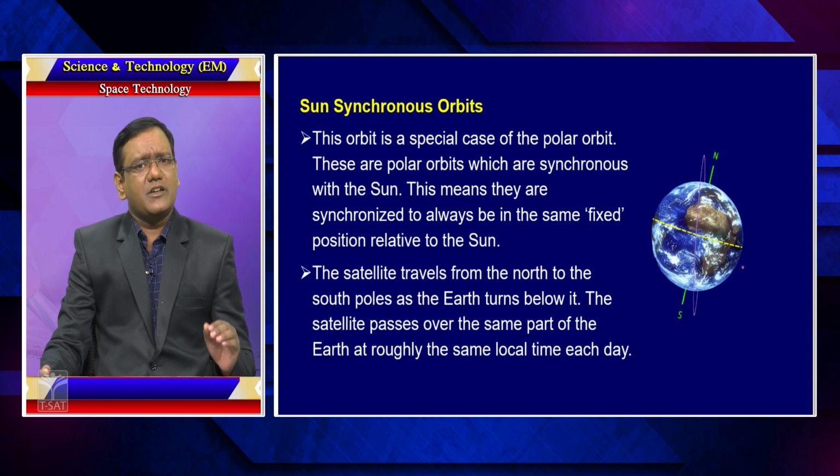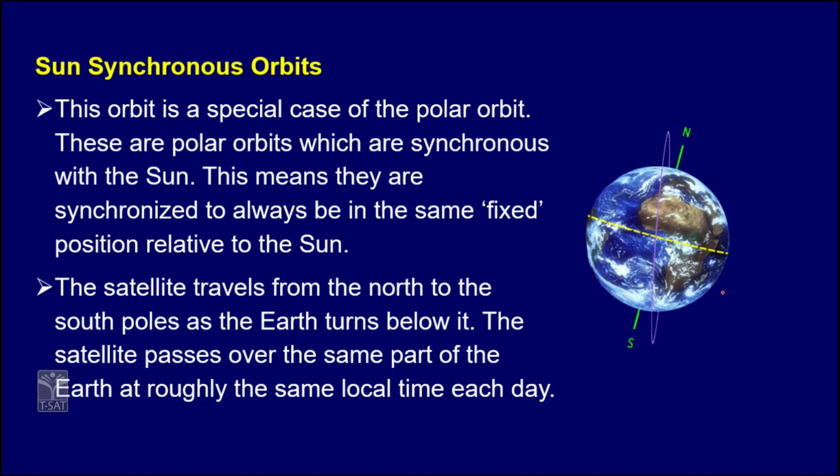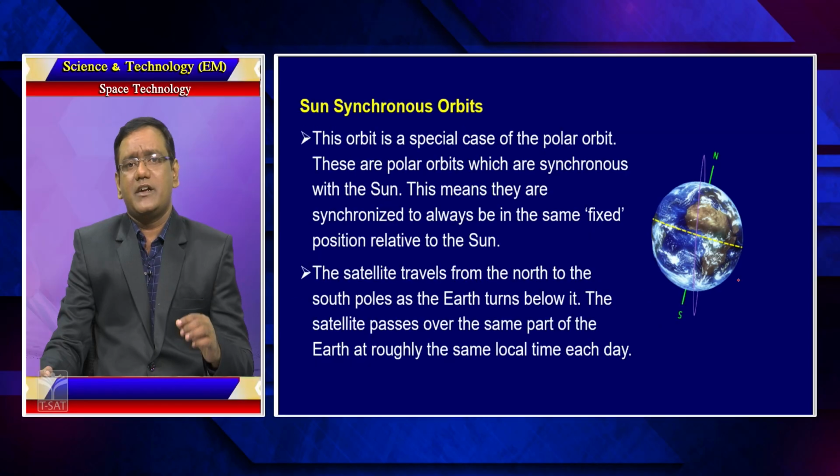This satellite travels from the north to south poles as the Earth turns below it. The satellite passes over the same part of the Earth at roughly the same local time each day.